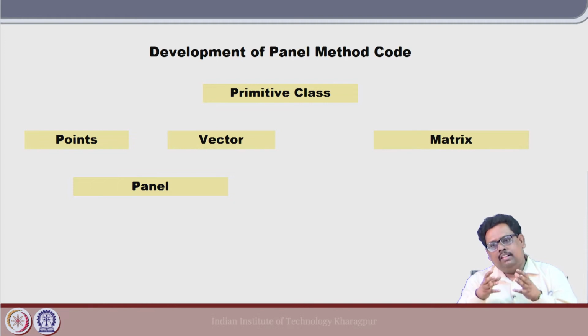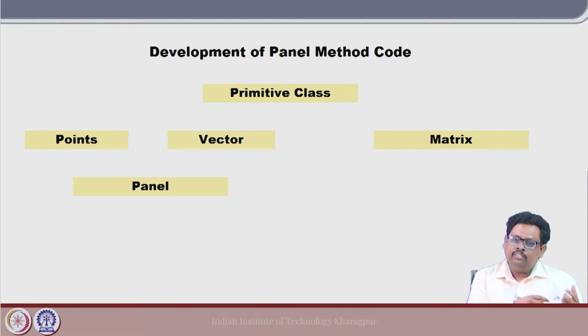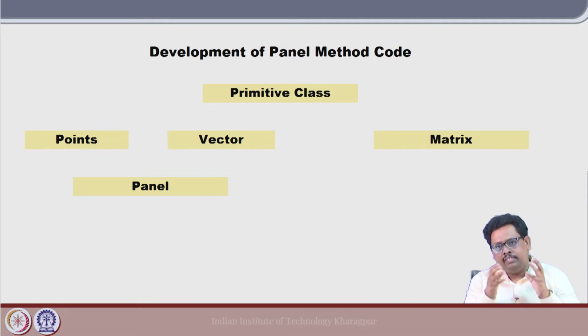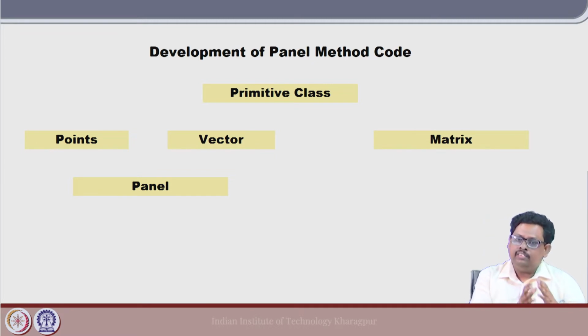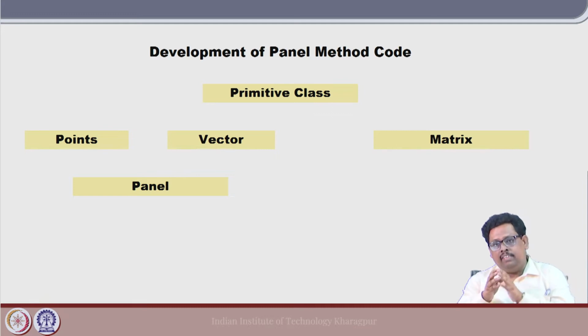Therefore, you need a class which helps to do A inverse, multiplication of two matrices, addition of two matrices, subtraction of two matrices. All these operations you need to store and write somewhere. So, that is why we have this matrix class. Okay. So, these are the basic primitive classes that I use to solve this particular problem.